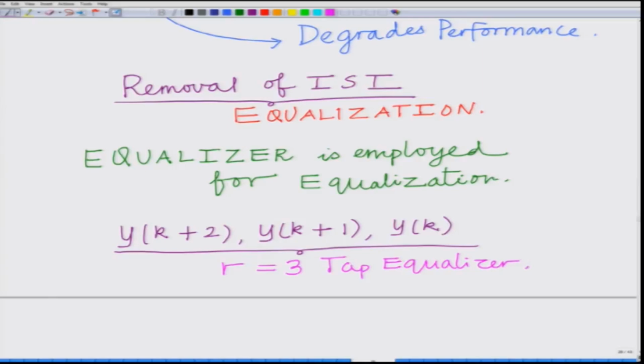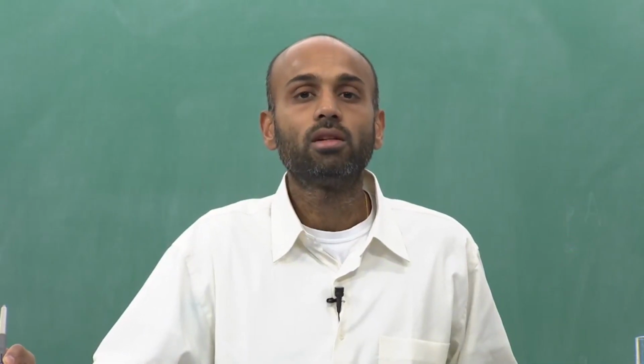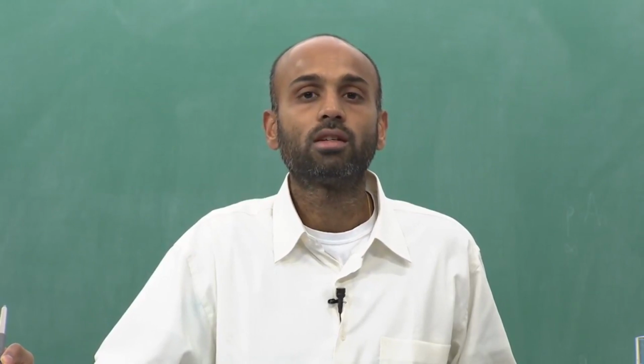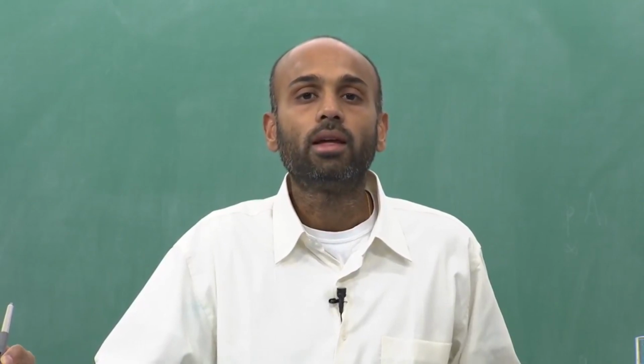So the number of symbols used for the purpose of equalization is R equals 3. Therefore, this is also known as a 3 tap equalizer.